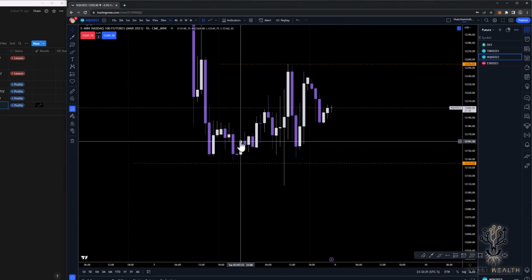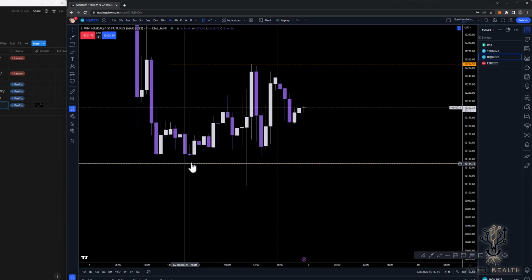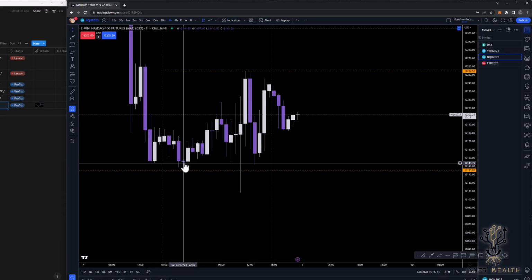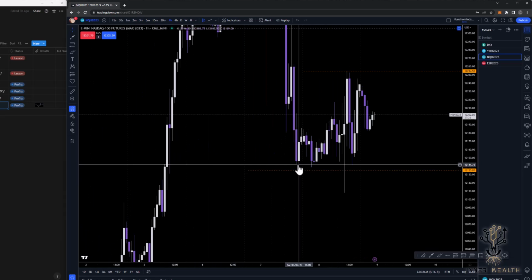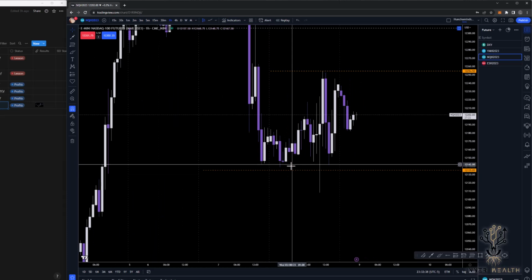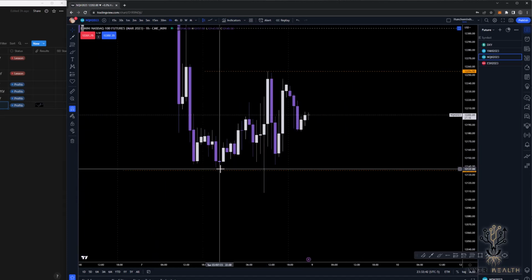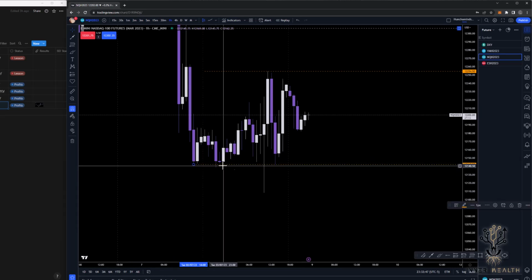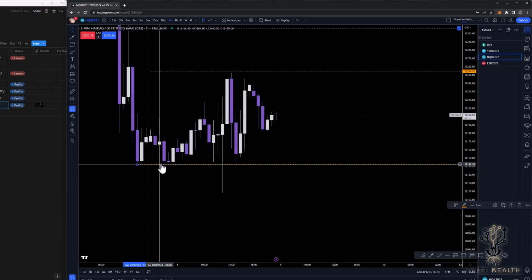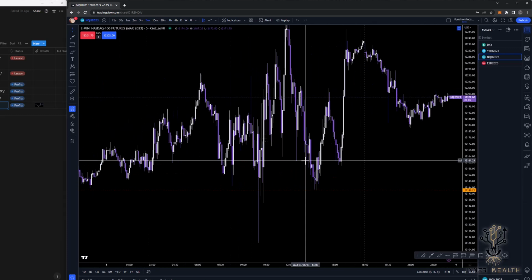Here on the 1 hour, we were starting to walk ourselves up, but really what did this was sweeping the previous 1 hour lows, sweeping that previous daily low initially, and then that Asian low there. Sweeping those lows really got my attention, and then we show this willingness to go higher.